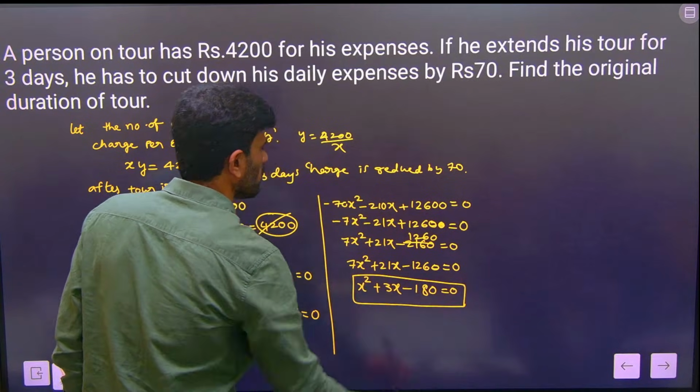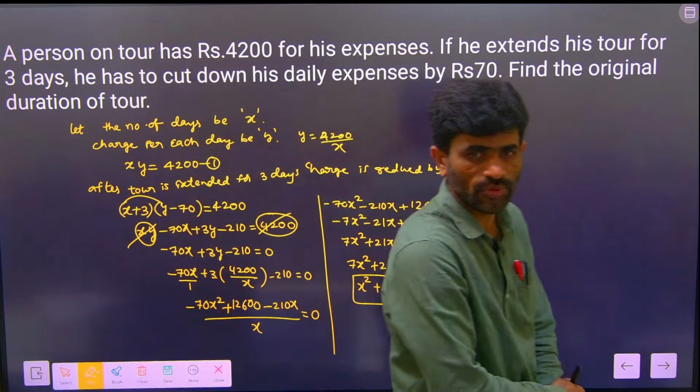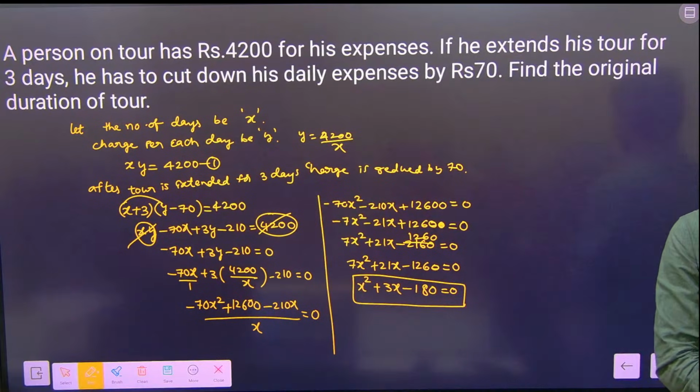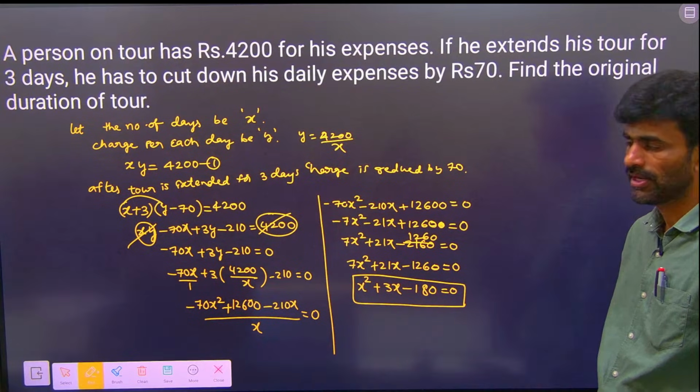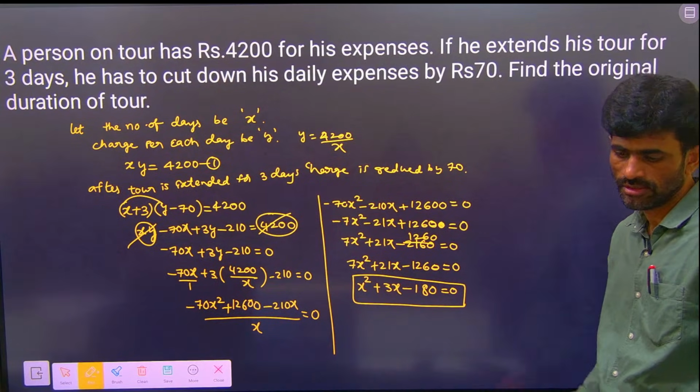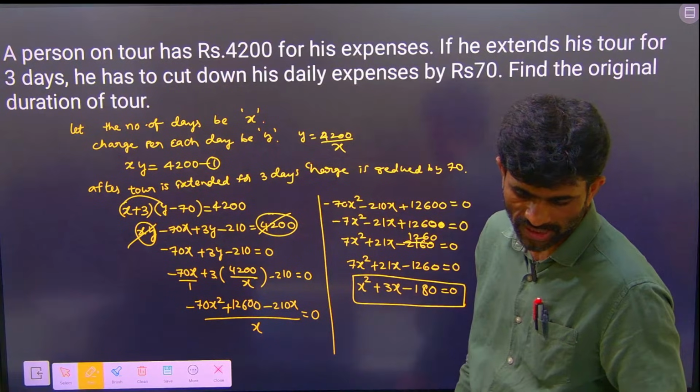This is the equation. What are the factors of 180, 12 and 15? Factors of 180 are 12 and 15 such that we get 3, plus 15 and minus 12. Right? Plus 15 and minus 12.